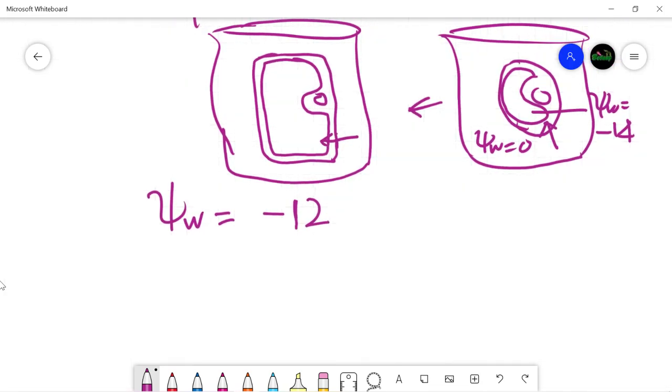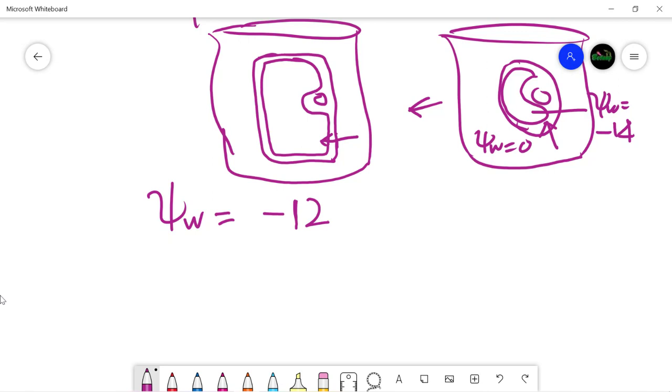When it reaches minus 12, as I just said, the cell wall, although it is elastic, is elastic only to some extent. It doesn't keep on expanding. So a point will come when the cell wall will no longer expand, and there will be no further increase in the volume of the cell.